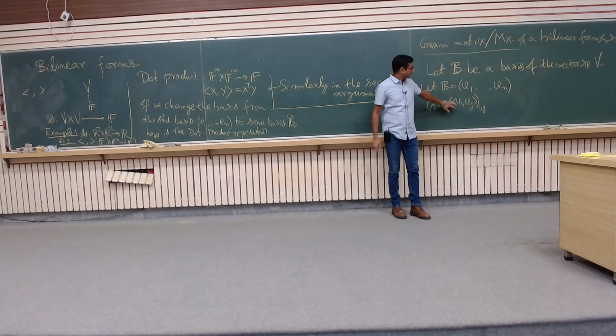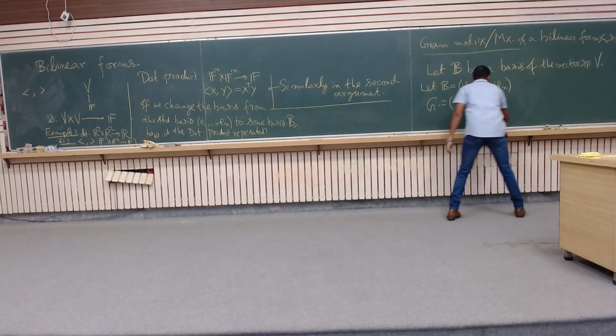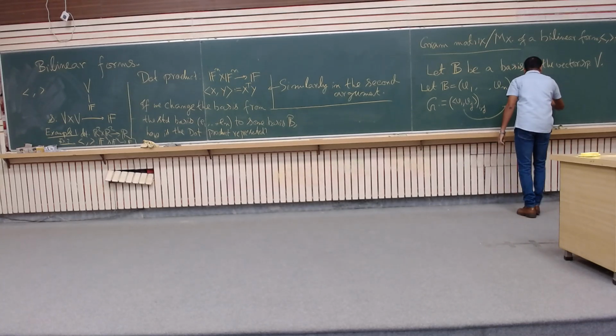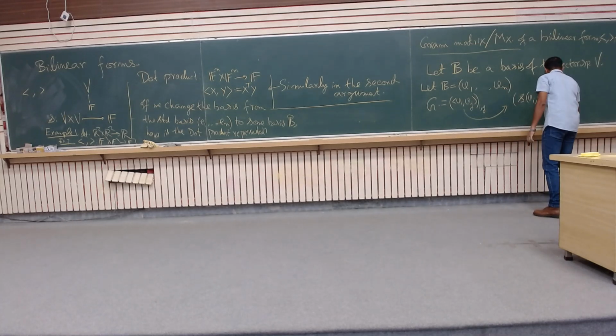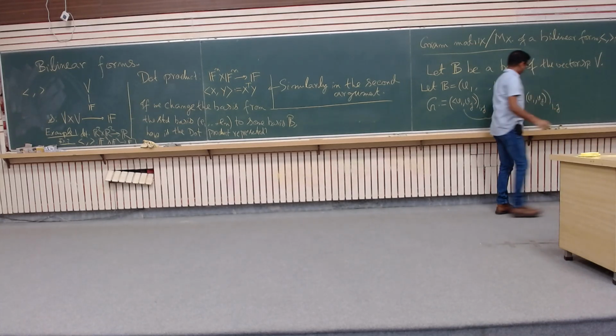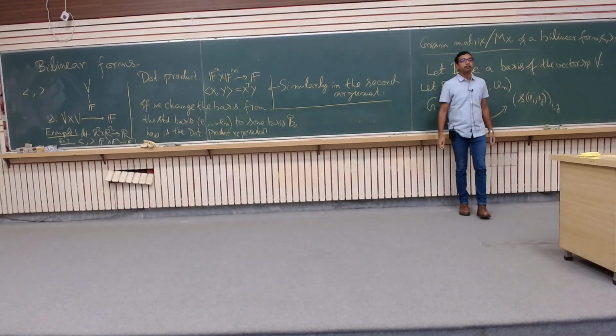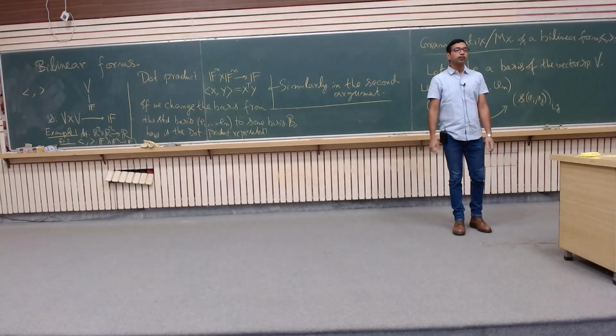At first, let's see what is the Gram matrix of the dot product with respect to the standard basis. Think of this as just vi, vj, running over i and j, because the rows and the columns, i comma j, represent the ith row and jth column entry.